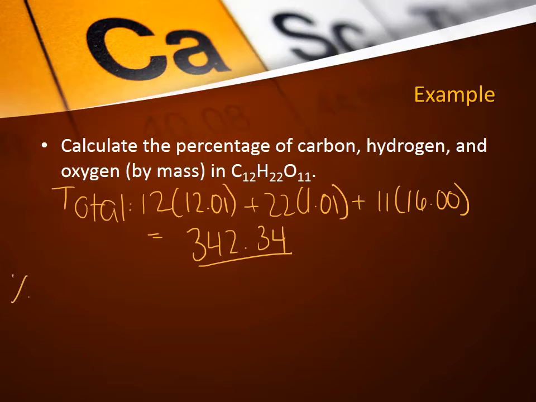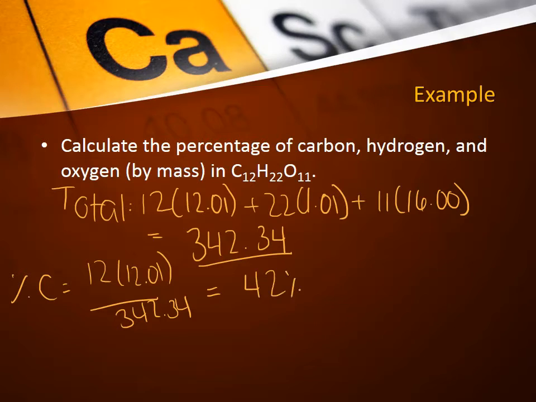So our percent carbon would then be that 12 times 12.01 over 342.34, which is equal to 42%. By the same logic, our percent hydrogen, I'm going to let you actually do the work, is 7%, and our percent oxygen is about 51%.